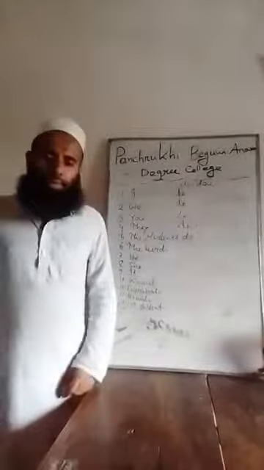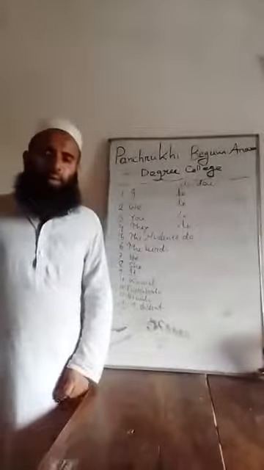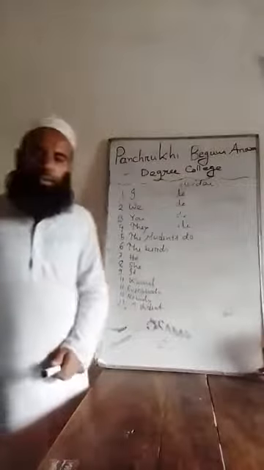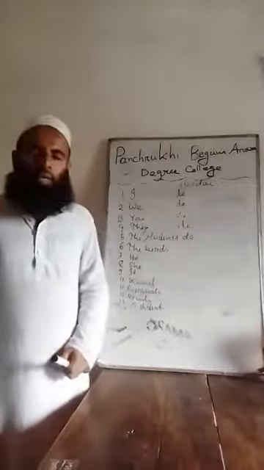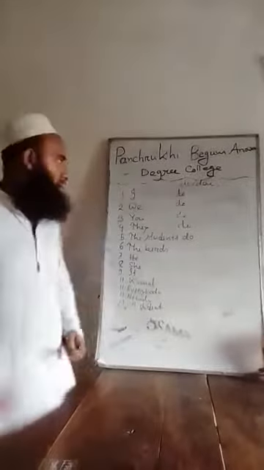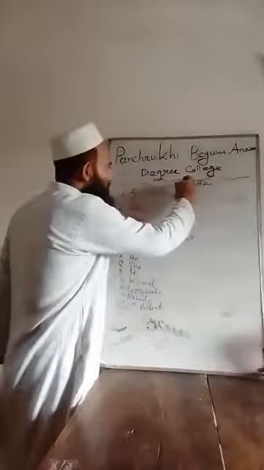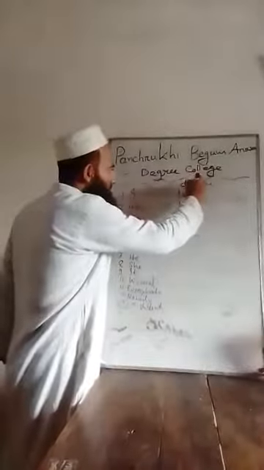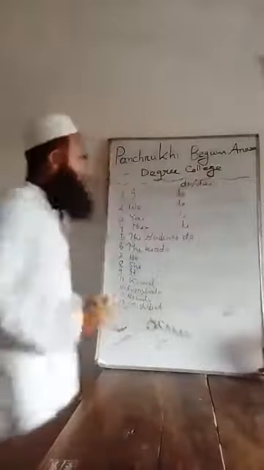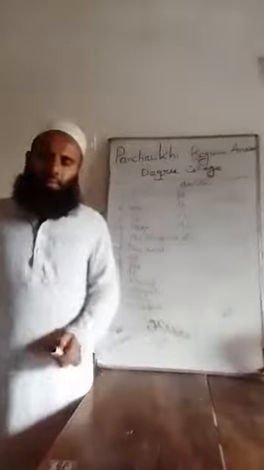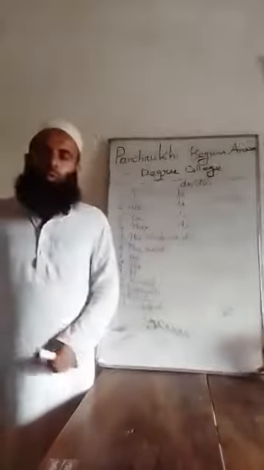In my previous class, I discussed the use of am, is, are. Now I start to discuss the auxiliary verbs do or does. Do, does are the two auxiliary verbs. Do, does, did are called verb to do.